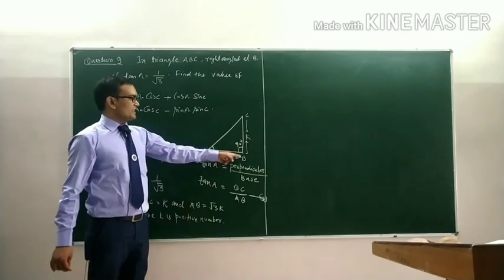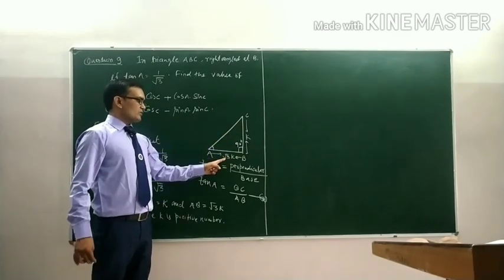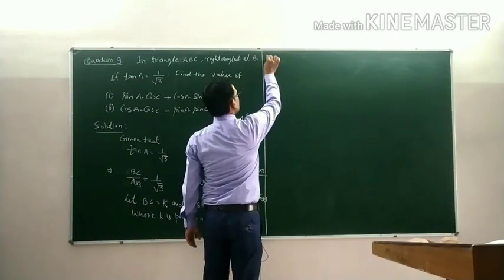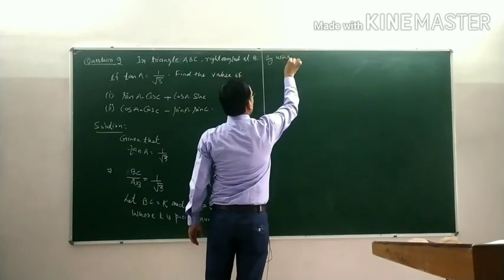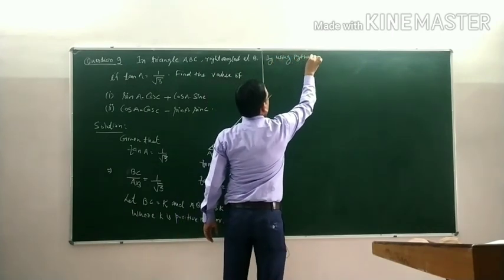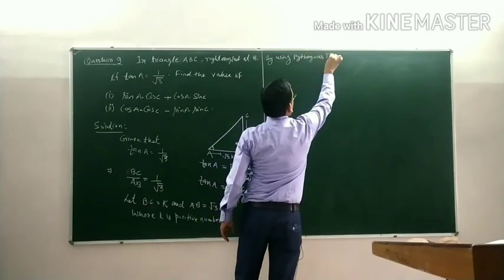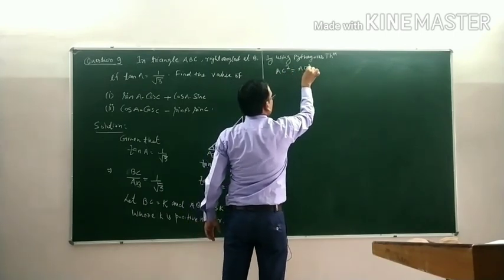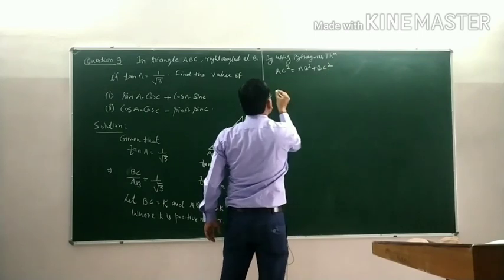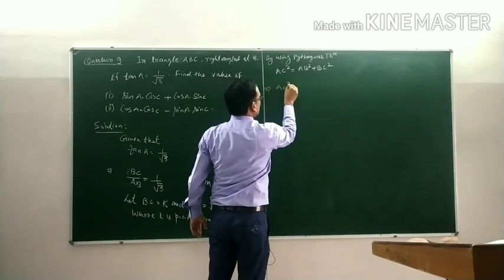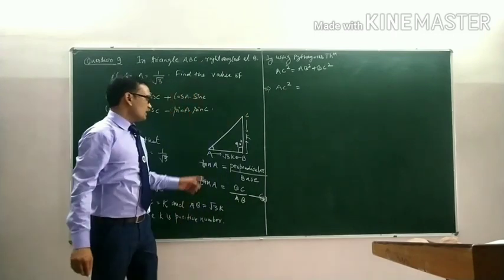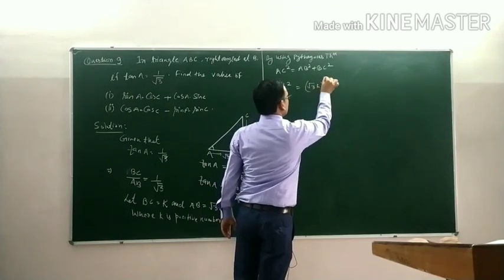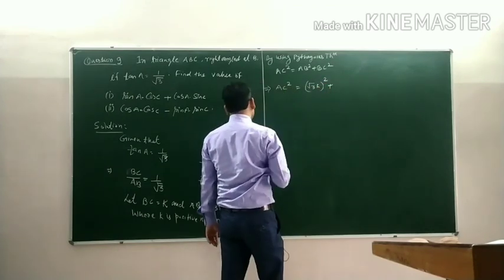We find the value of AC. Here BC is K, AB is square root 3K. Then we find the value of AC by using Pythagoras theorem. AC square equal to AB square plus BC square. This implies that AC square equal to, the value of AB is square root 3K square plus value of BC K square.